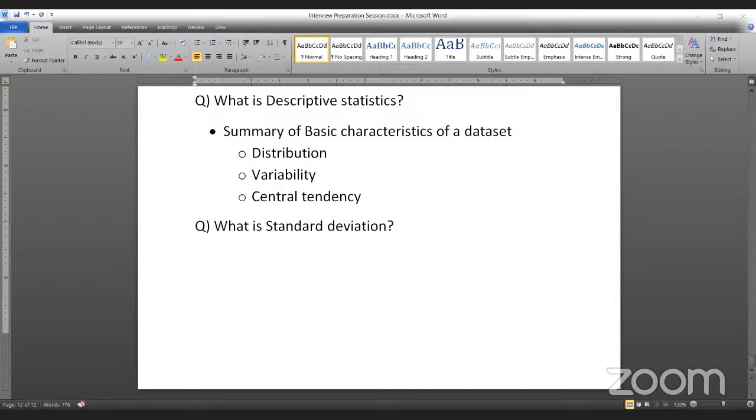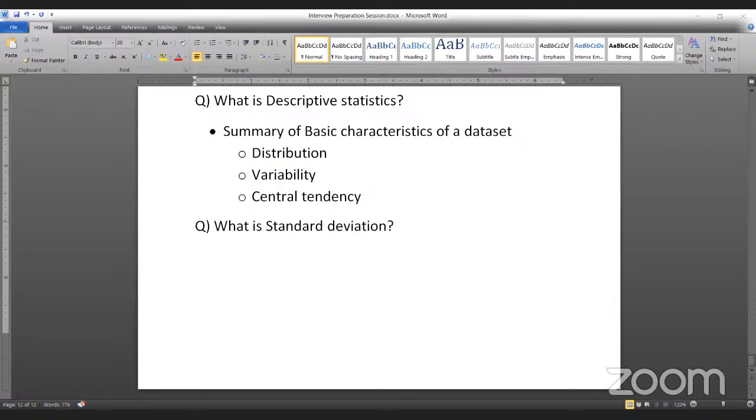So the standard deviation gives us the measure of variation or dispersion of the values in a data set, that is, how the values are dispersed in a data set. If we simplify it, we can say it represents the difference of each observation or data point from the mean.